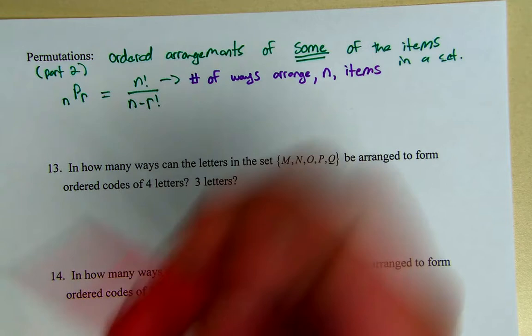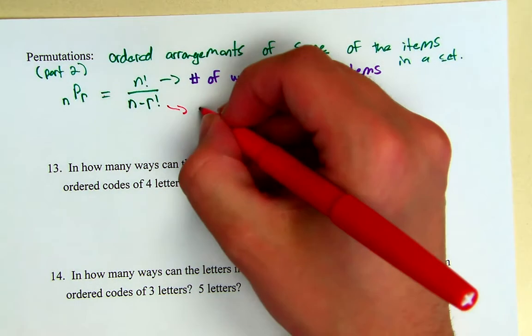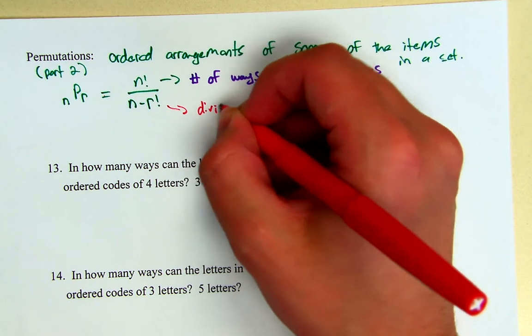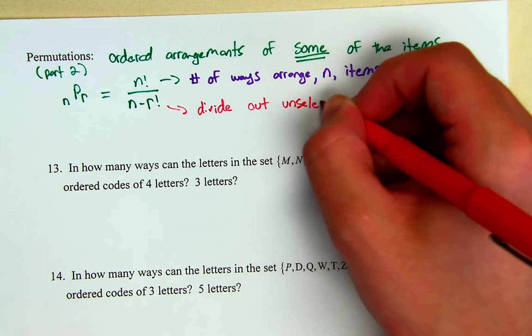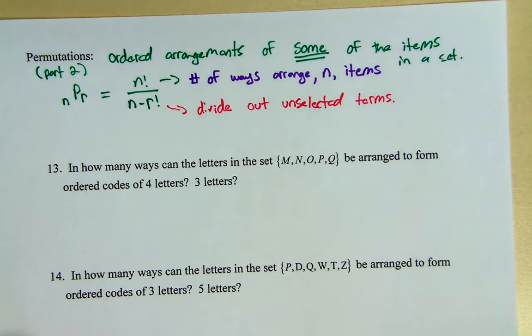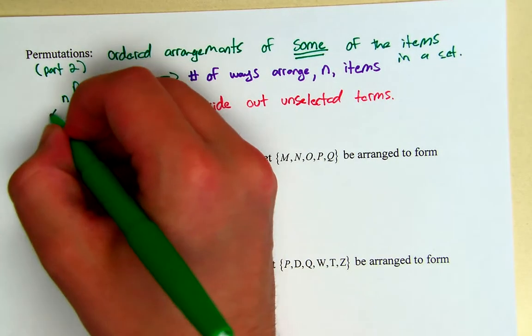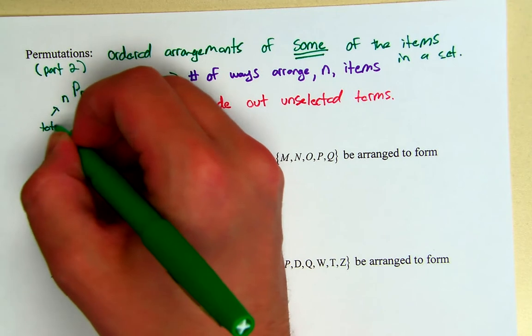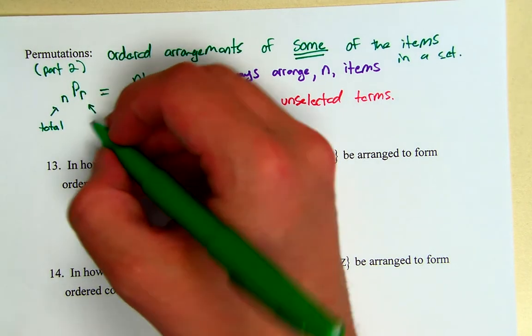And on the bottom, n minus r is dividing out the unselected terms. So anything we don't want, we have to take out. Again, n is your total. r is the number you select.